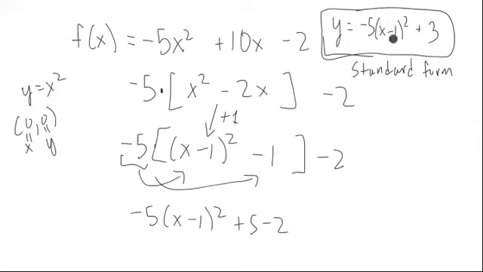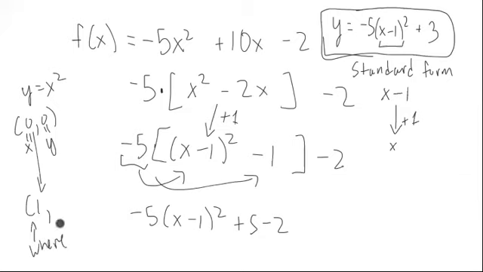Well, at least for the x values, to figure out where it occurs, max or min, we notice that it's going to be at x equals 1, because that's the x value that we get from this transformation, because we're adding 1 to all the x values, and we add 1 to that 0. So 1 will be the where of the max or min.